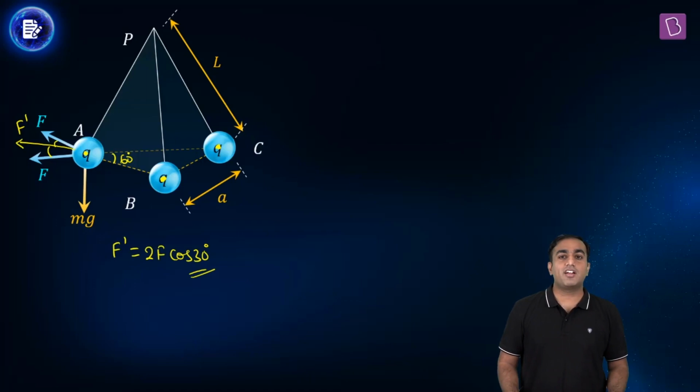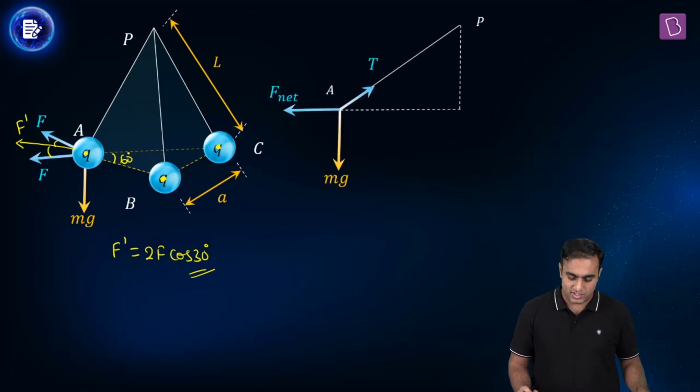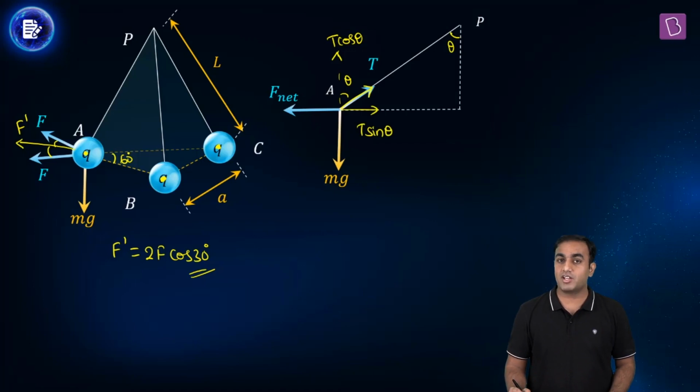Also, since we are looking at the equilibrium condition or the force balance condition for the small charge q, let us consider all the other forces as well. Here is the tension acting along the string. Let's call it capital T. And if you consider this angle to be theta that the string makes with respect to vertical, then obviously even this angle is theta. This is T cos theta and this is T sin theta. There's force of gravity acting on the mass, mg, in the downward direction.